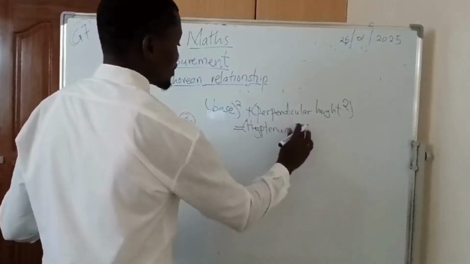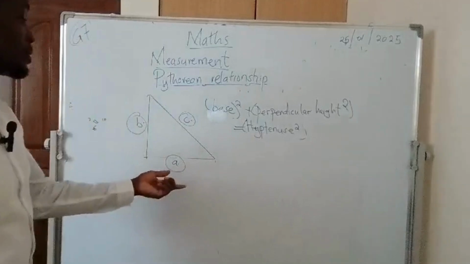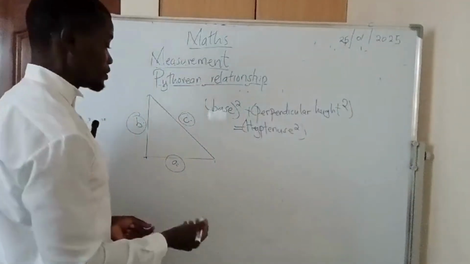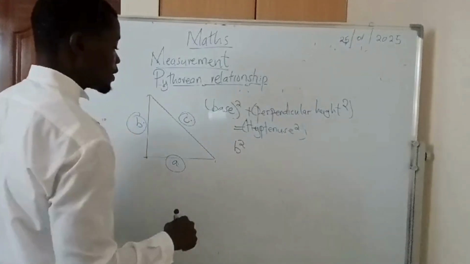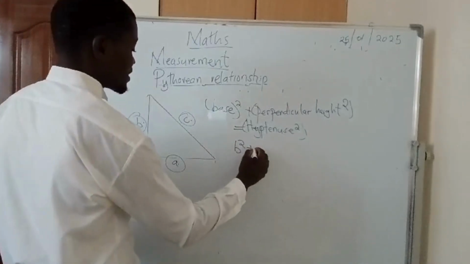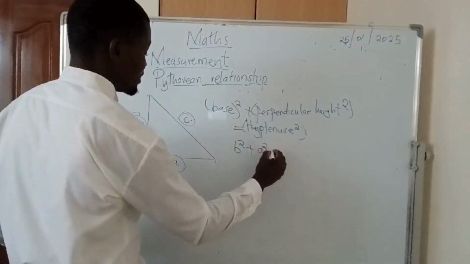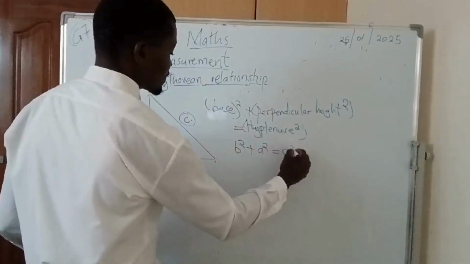Now, how do we calculate that? If we substitute, it means that b squared plus a squared is equal to c squared.